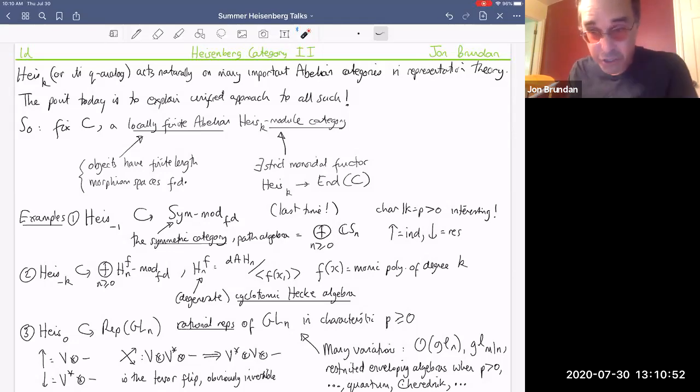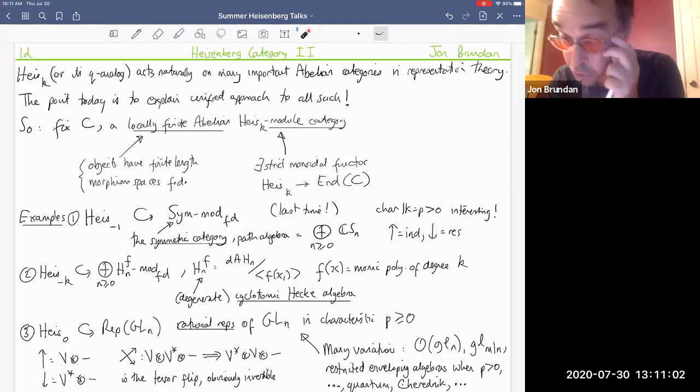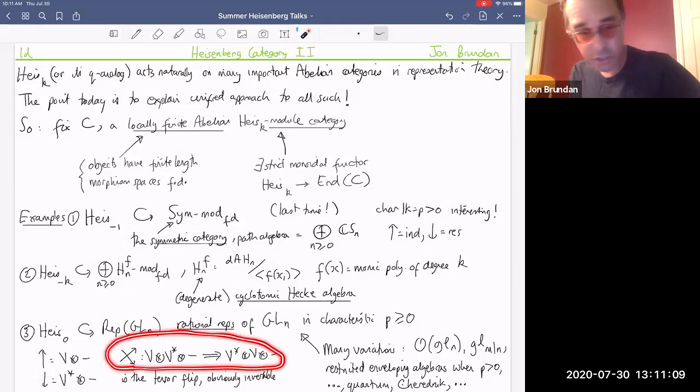The only relation you have to really check is that the sideways crossing, remember that matrix that had to be invertible in central charge 0, that's just a 1-by-1 matrix. It's just saying that that rightward crossing has to be an invertible morphism. And in this case, the rightward crossing is just going from V tensor V star tensor blank to V star tensor V tensor blank, and you just calculate what that morphism is.